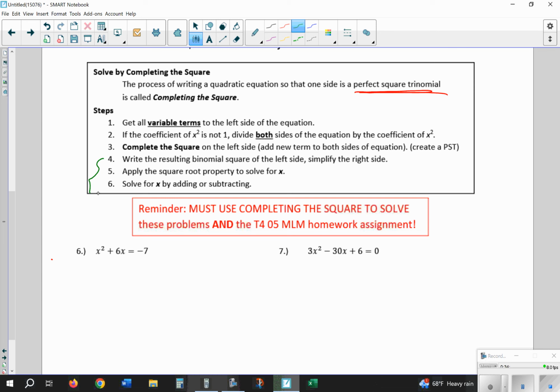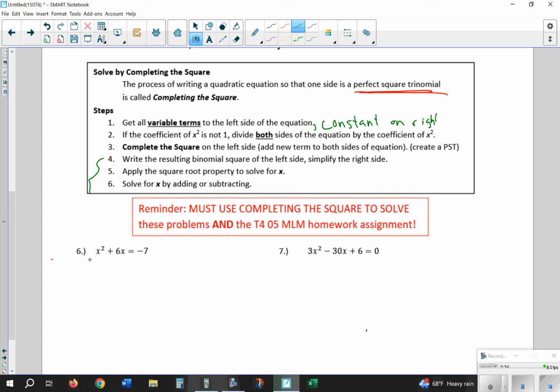Step 1, we want to have all terms that have variables on preferably the left side, and that implies that we want constants on the right. Now, once that's done, the coefficient of the x squared has to be 1. If it is, like question 6, we can go on to our next step.